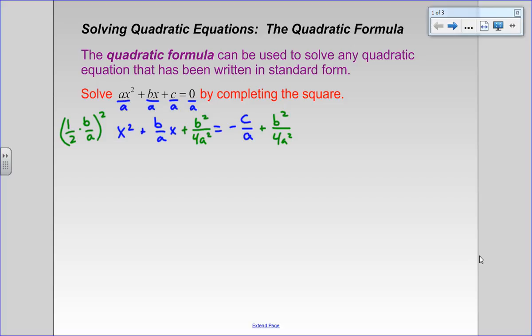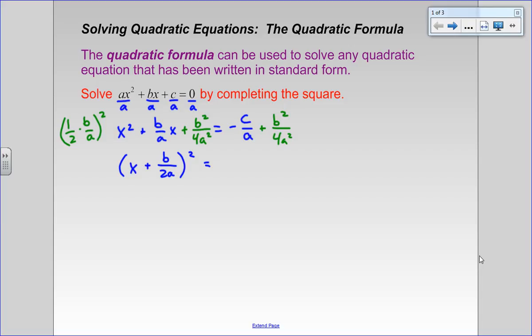Now we can proceed to factor the left-hand side, since it's a perfect square trinomial, as the quantity x plus b over 2a squared. And on the right-hand side, in order to add these two fractions, we need a common denominator.